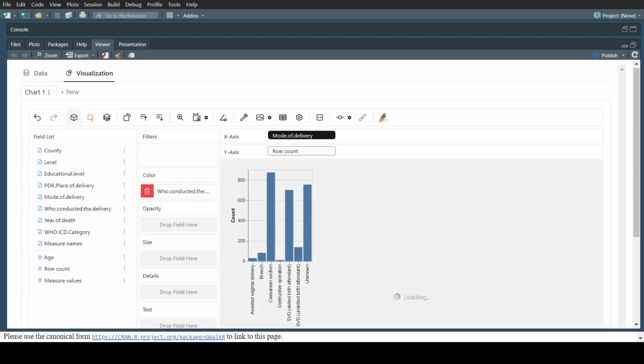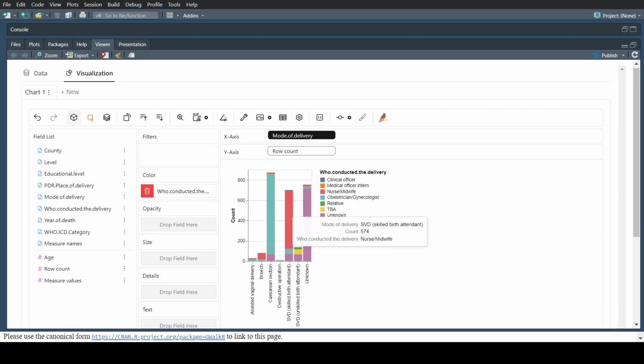Of course, cesarean section had the highest number of deaths, and normal births also had the second highest number of deaths. Unknown actually was a lot of women, where it's not known what mode of delivery that woman had, how their babies were born.